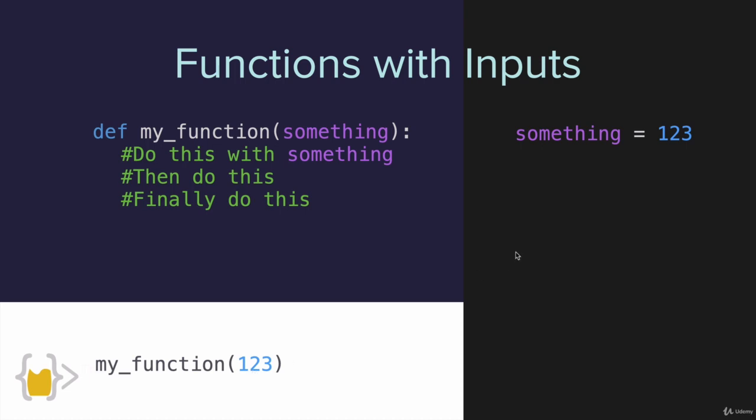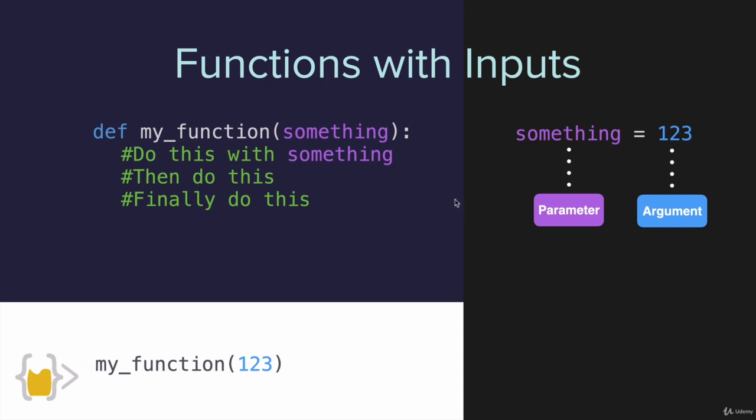Now, in programming lingo, you'll hear this being referred to as the parameter, and this piece of data being referred to as the argument. Now, the argument is the actual piece of data that's going to be passed over to this function when it's being called, whereas the parameter is the name of that data, and we use the parameter inside the function to refer to it and to do things with it.